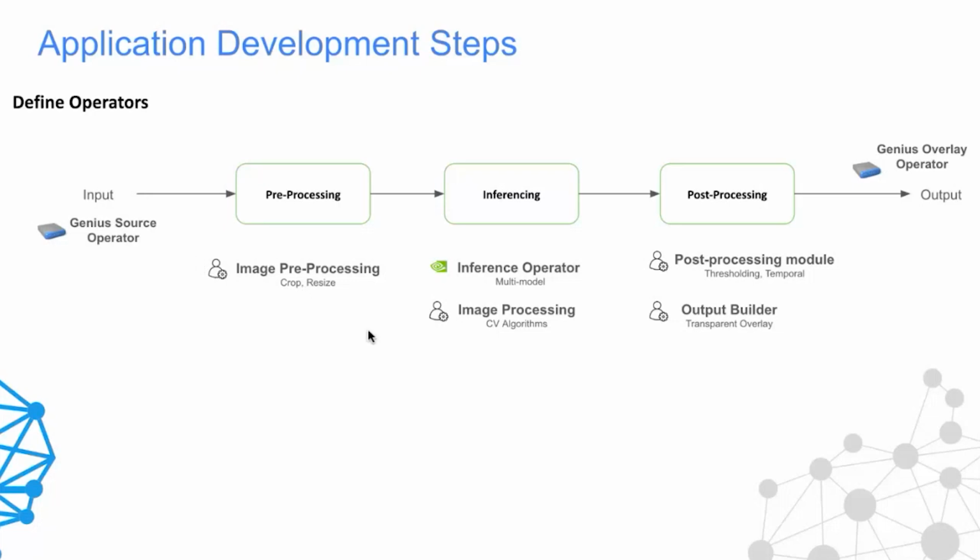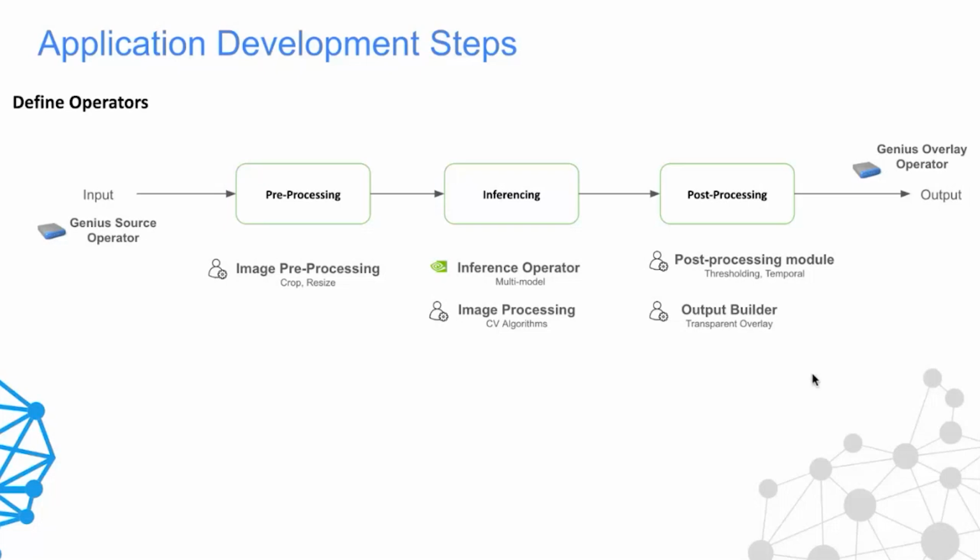All the other operators are defined by EndoVision, except for the inference operator. This is a multi-model AI inference operator, which is an inbuilt operator provided by Holoscan. And finally, the output operator is again provided by GI Genius, that directly overlays the image on the output screen.